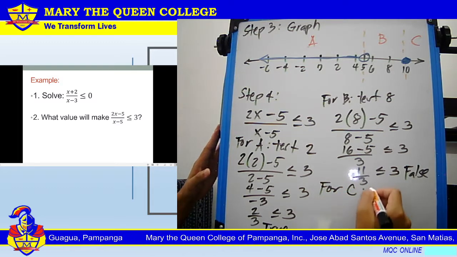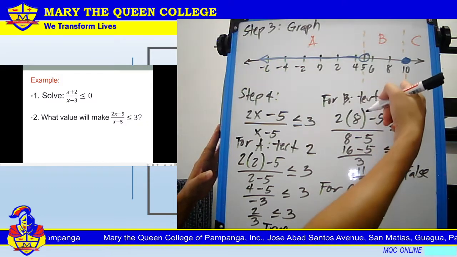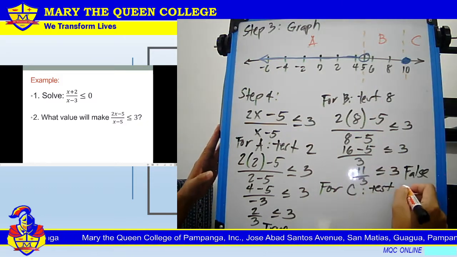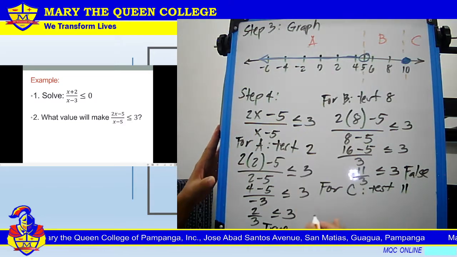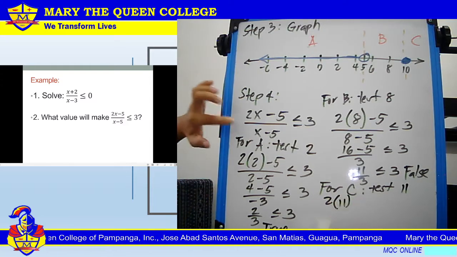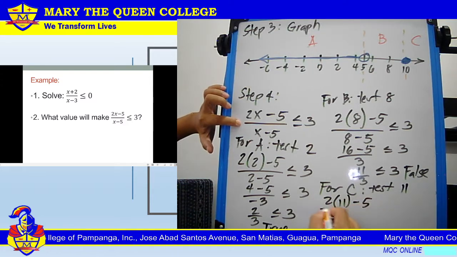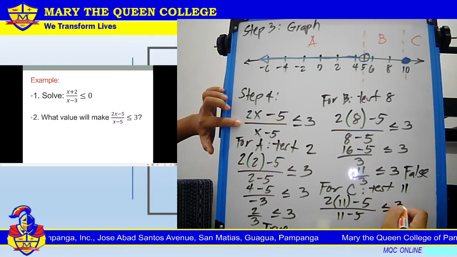So for example, for interval C, since 10 is our significant value, we will use the number 11. Okay, the next number on the right. So using this one, we have 2 times 11 minus 5 all over 11 minus 5 is less than or equal to 3.